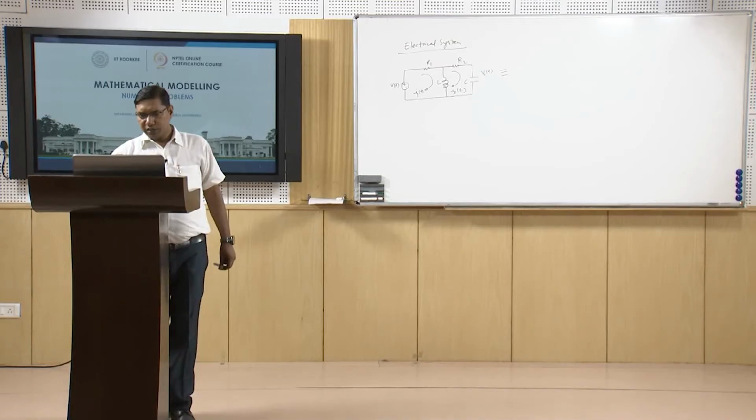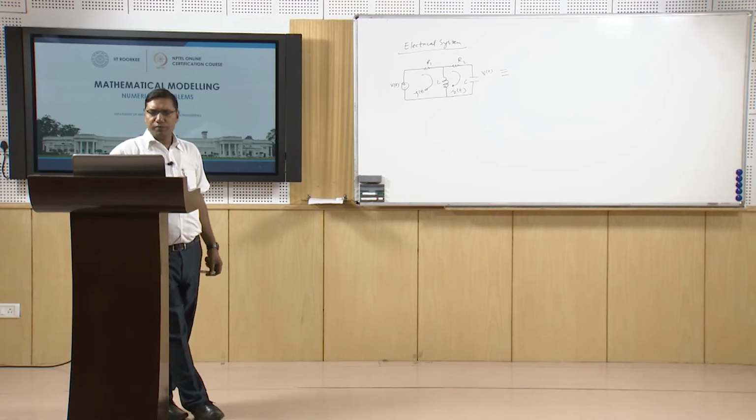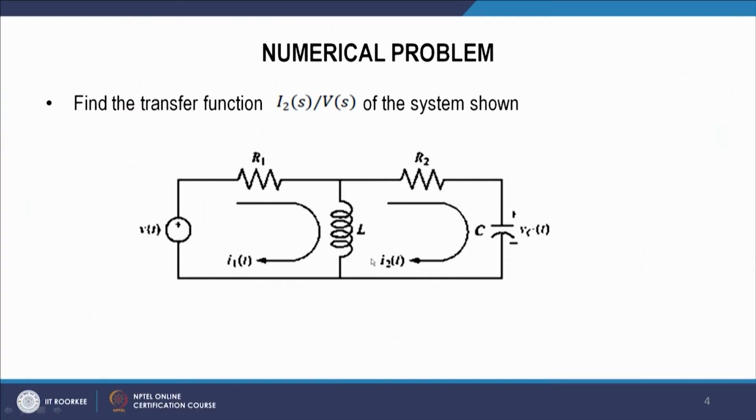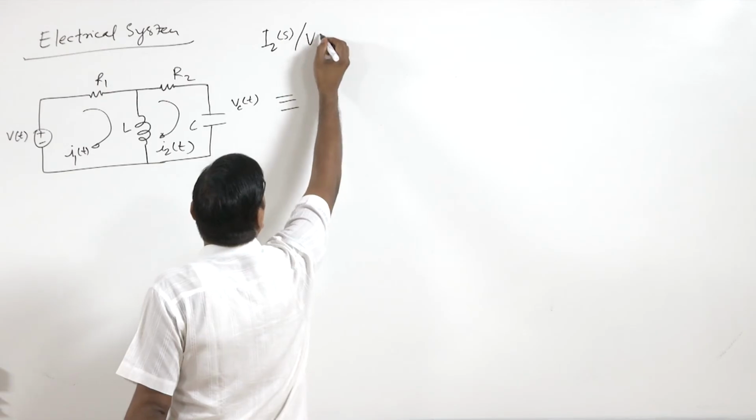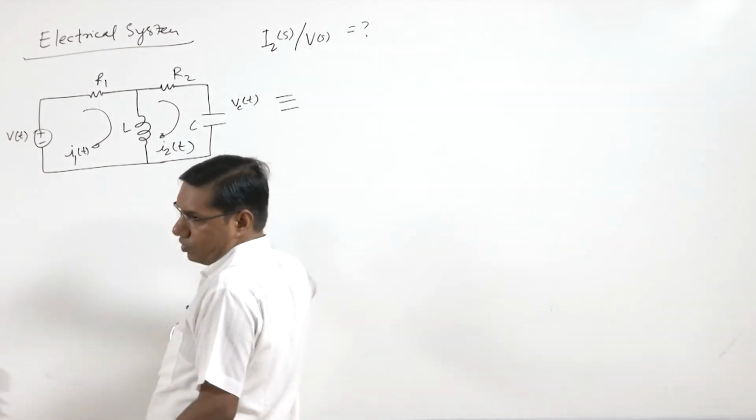We can see here this voltage source, resistances R1, R2, inductor L and capacitor C, and there is current I1(t) in the first loop and I2(t) in the second loop, and the output voltage we are reading is at the capacitor, that is Vc(t). We have to find the transfer function I2(s) by V(s).